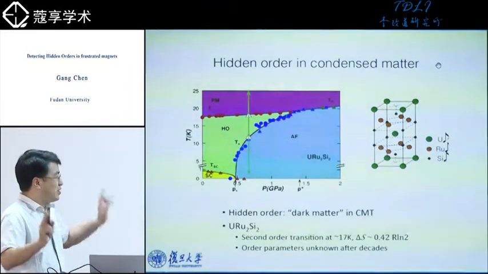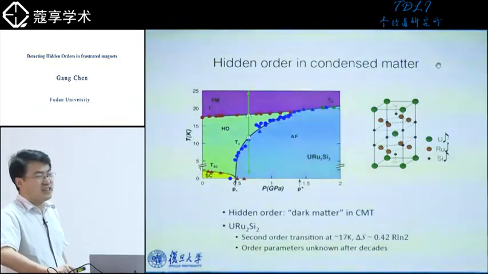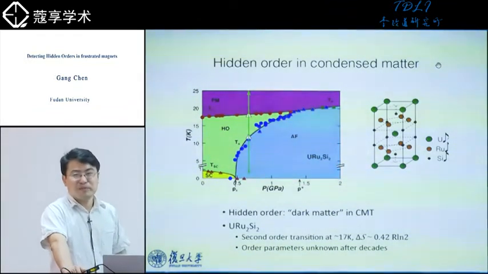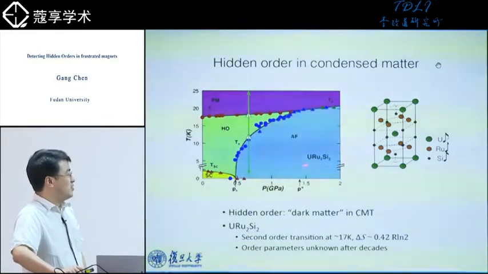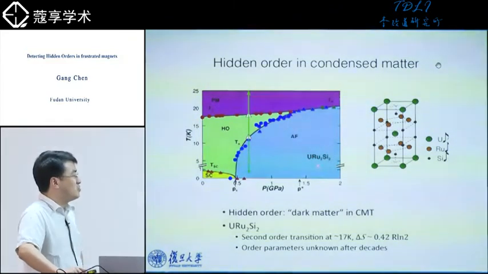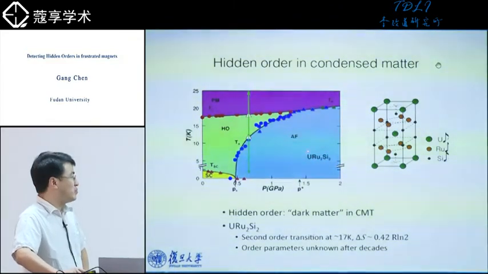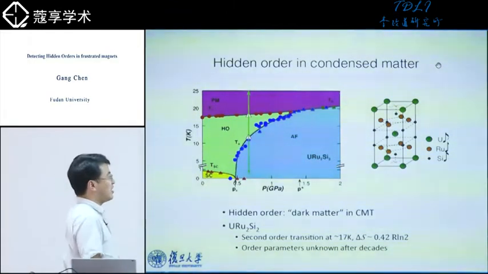This is a heavy fermion type of compound, an actinide, with 5f electrons. Ruthenium provides a conducting electron, so this material is a metal, but uranium provides an almost localized moment.